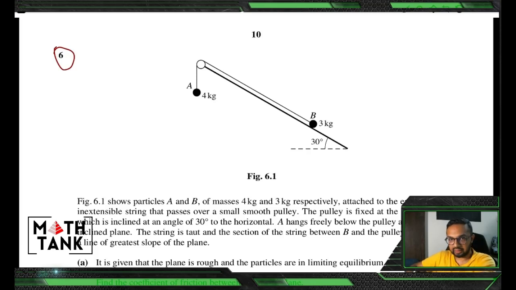The pulley is fixed at the top of a plane which is inclined at an angle of 30 degrees to the horizontal. A hangs freely below the pulley and B is on the inclined plane.